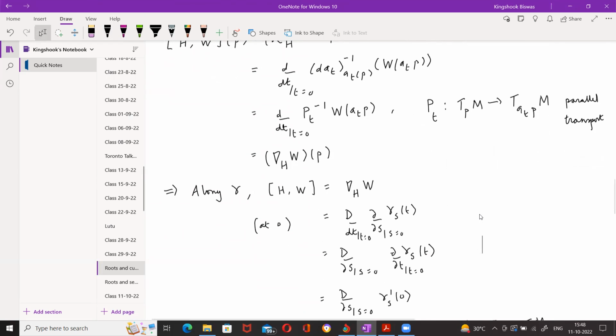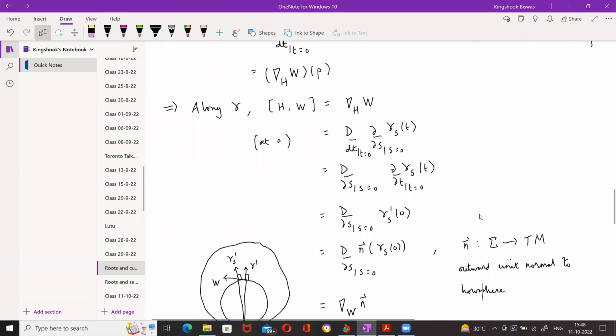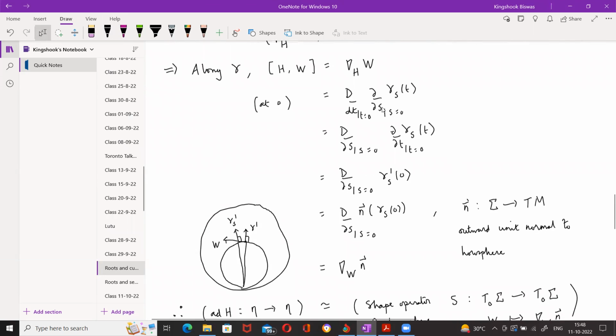Okay, but now what is nabla_H of W? This is the covariant derivative of W. So this means capital D/dt of del/del S. And what is W? W is del/del S at S equal to 0 of gamma_S of T. So now I can use symmetry of the connection.